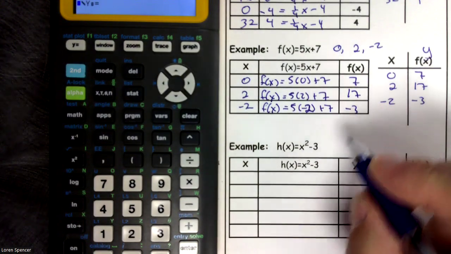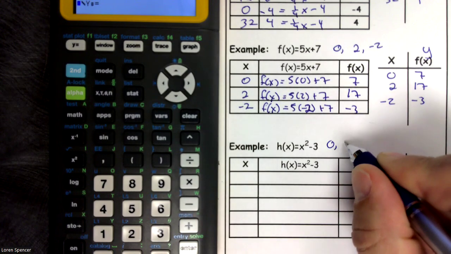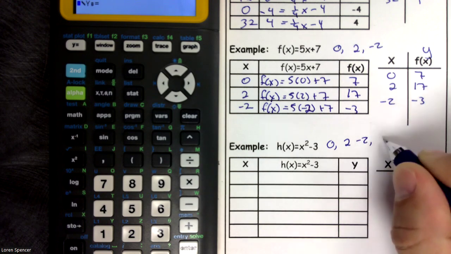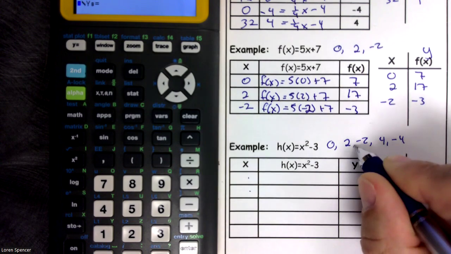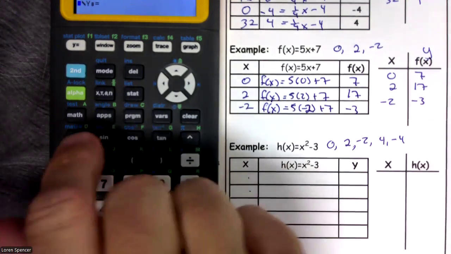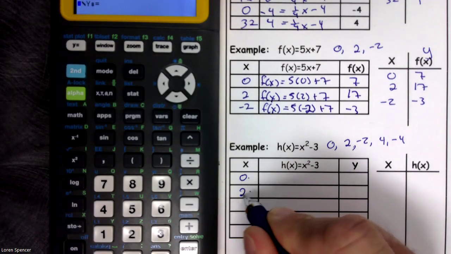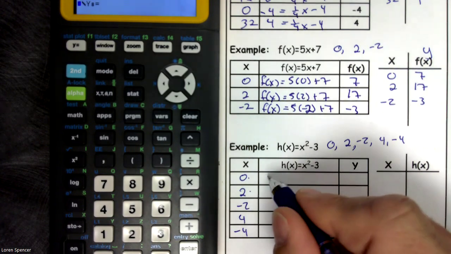So in this case, and I like to be centered on zeros, so 0, 2, and -2, and 4, and -4. And let's see what happens.